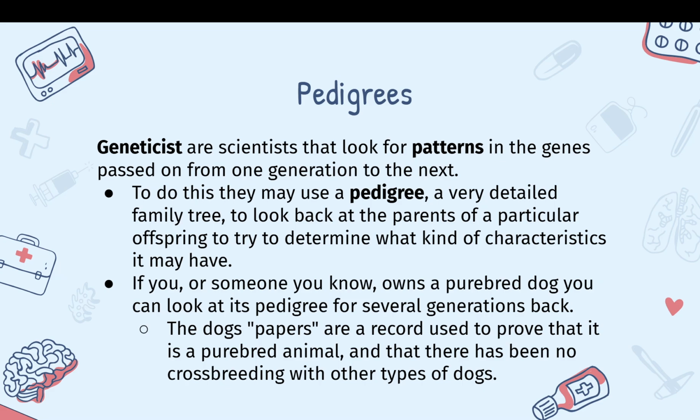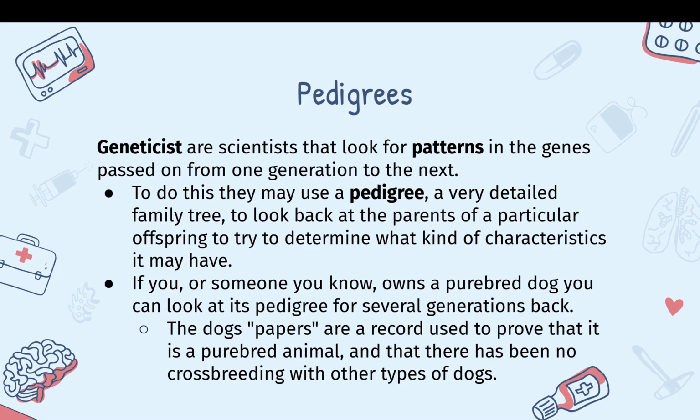Pedigrees are something that are actually quite important when you're talking about buying dogs sometimes. So you might hear that a dog has its papers, and that means that what they've done is tracked that dog's parents, grandparents, great grandparents, going back several generations.